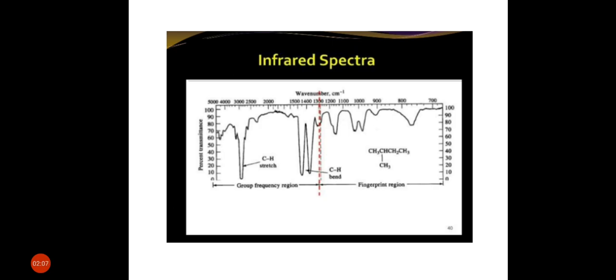Depending on the absorption, the molecule shows different types of stretching and bending vibration, which I have already discussed in previous lectures. The other frequencies, which are not absorbed by the molecule, are transmitted. This transmitted light is detected by the detector, and depending on the detection of transmitted light, a spectrum is formed and we analyze the sample.